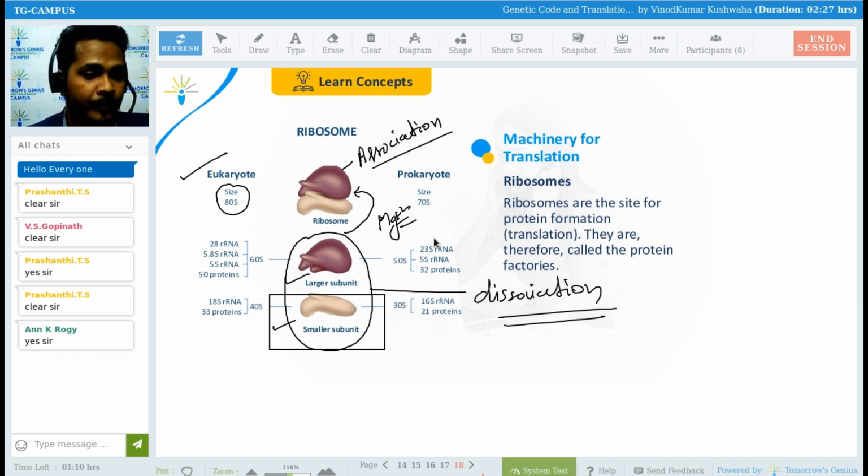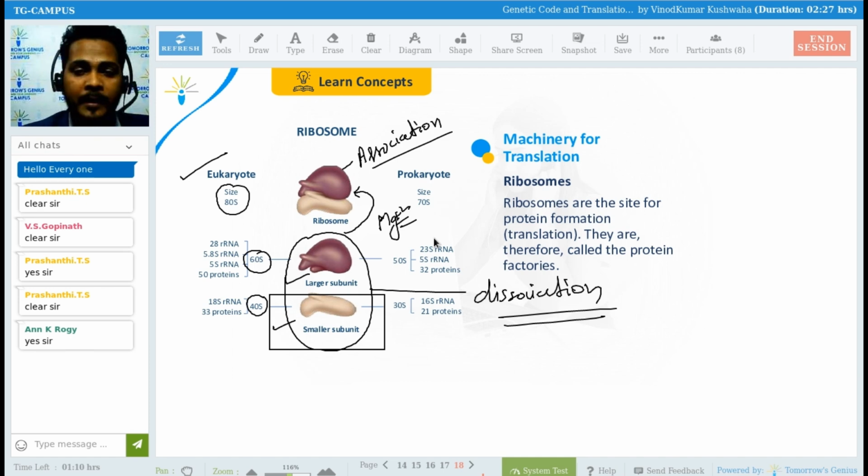That's why it is written as 80S. Now here you can see, when this ribosome is at a dissociated stage, the larger subunit is 60S and the smaller subunit is 40S. But when they unite, they form an association and it becomes the size of 80S.